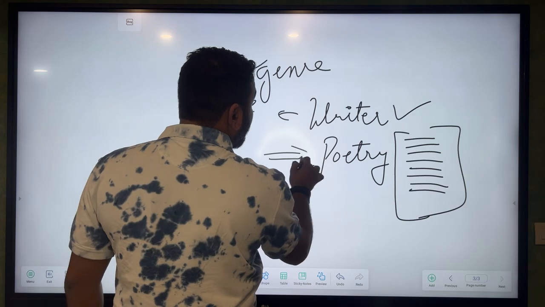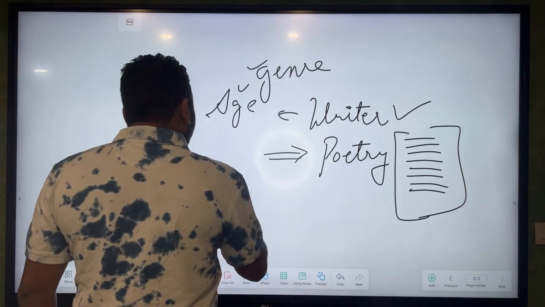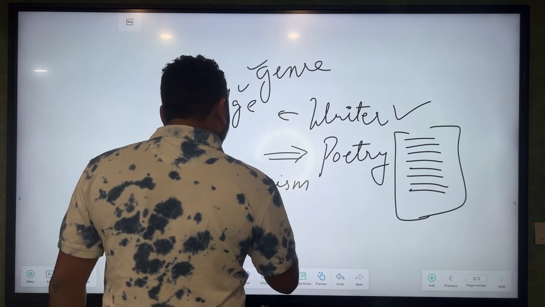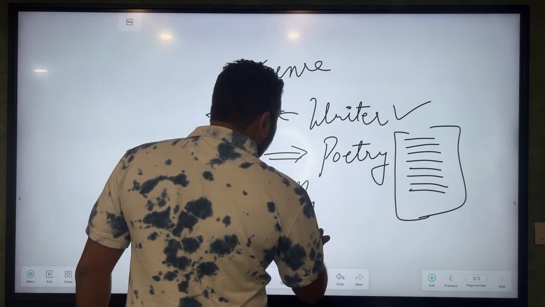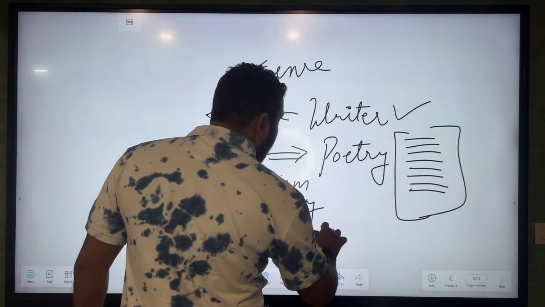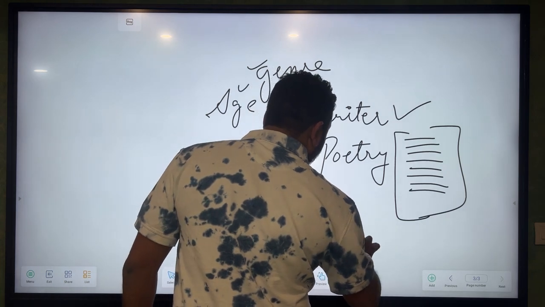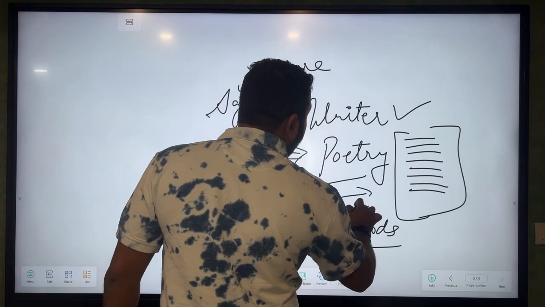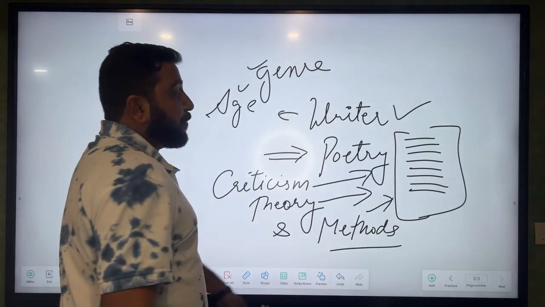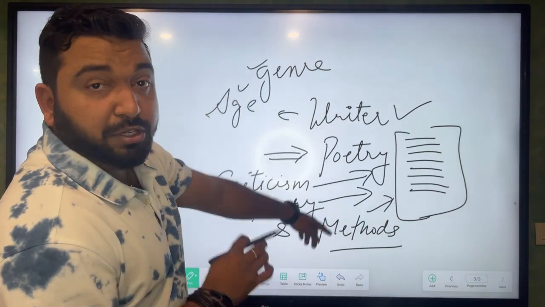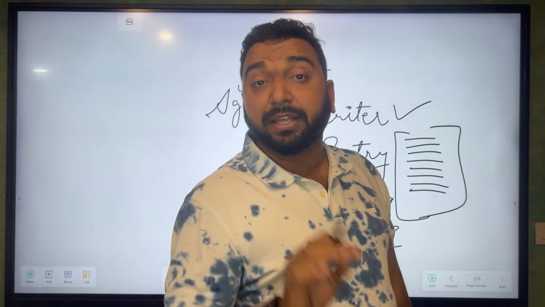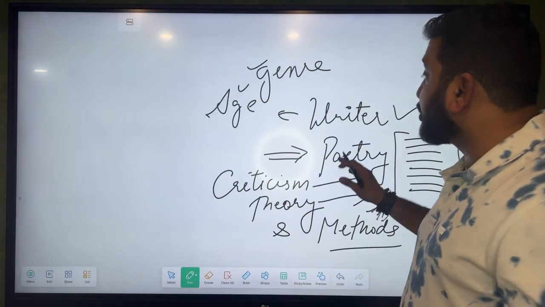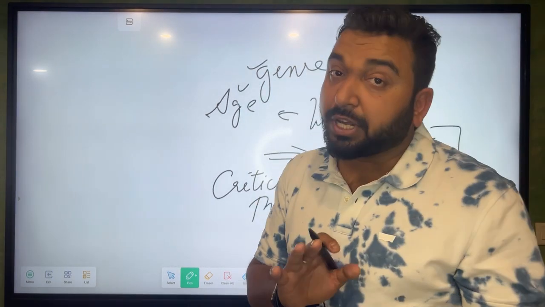Plus when you go for poetry, the criticism, theory, and other methods, techniques, movements, all these things must be applied on poetry. If you're reading poetry as normal poetry, you're not applying any extra knowledge, any literary criticism, any theoretical approach, you are doing injustice with that poetry.